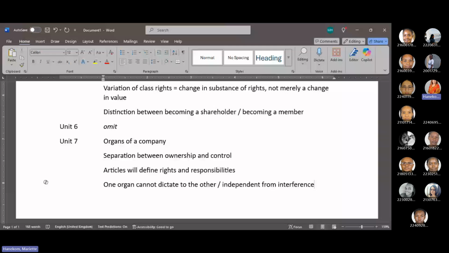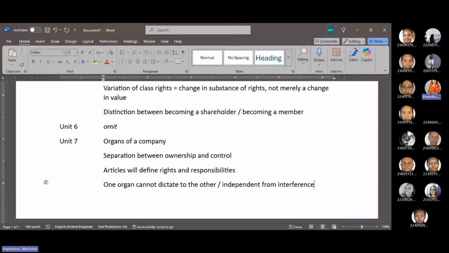I'm not going to name the state-owned enterprise. There's an ongoing tendency in Namibia, in our state-owned enterprises, that the shareholders interfere. The shareholder of a state-owned enterprise is the government, represented by the relevant minister.